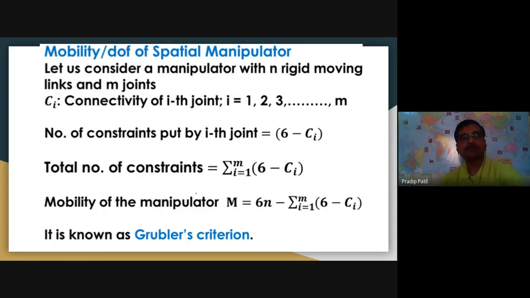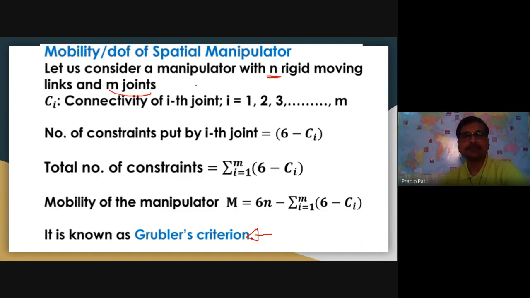Now, when we want to find out the mobility or degree of freedom of a spatial manipulator, we can find it numerically by using Grubler's criterion. Grubler's criterion is defined by the number of links, the number of joints, and the constraints provided by each of the joints. So let us say we have n rigid bodies or rigidly moving links, and there are m joints.